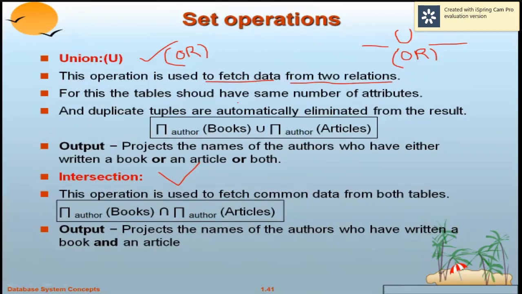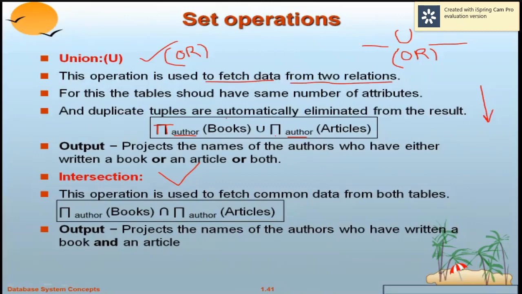And now you look into the query written over here. Pi of author from books union pi author from table articles. So what is this author? Author is nothing but the attribute name. So how is this pi going to work? Pi is going to work on the attributes.